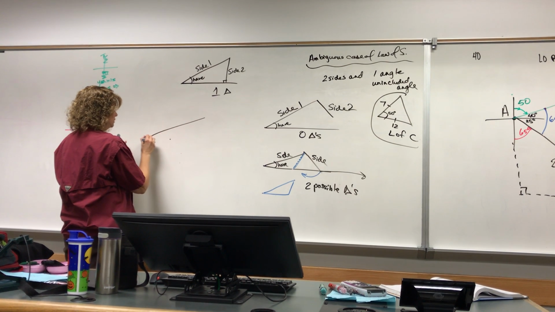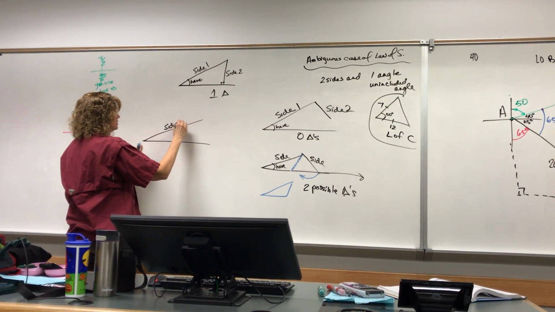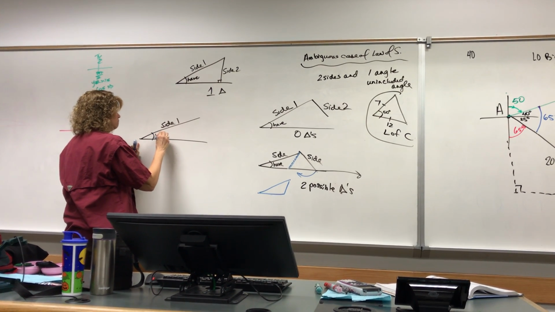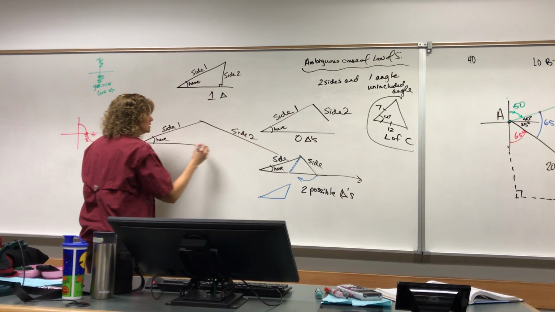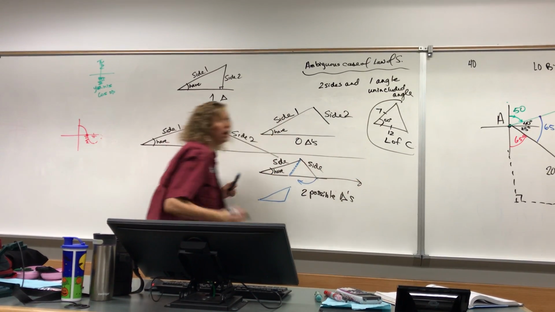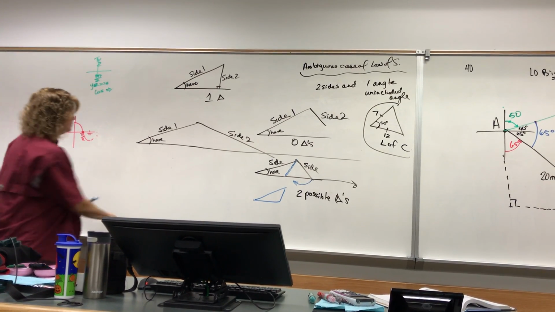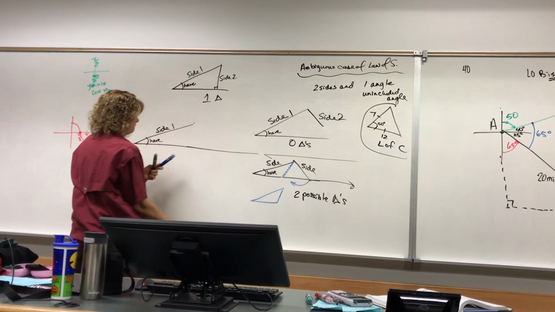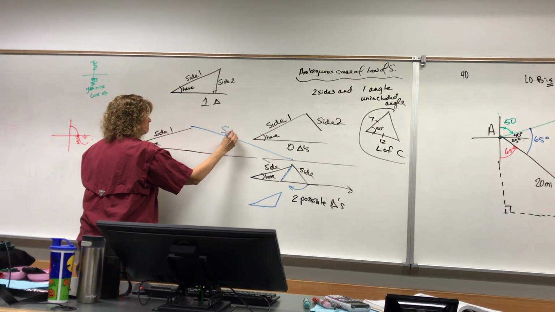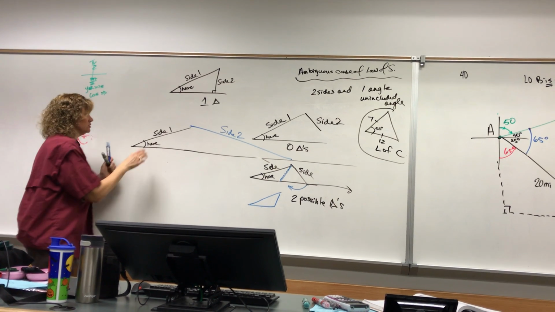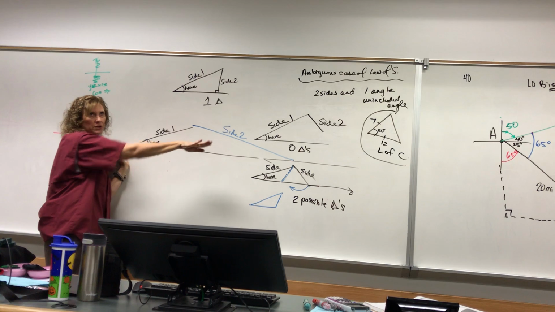Side 1 and 2 are the same length? No, it could be, but not necessarily. Side 2 is so long. I don't know if I made it long enough. Hold on. Side 2, so we have this fixed angle and that ray continues forever, so we just want side 2 to hit the ray.